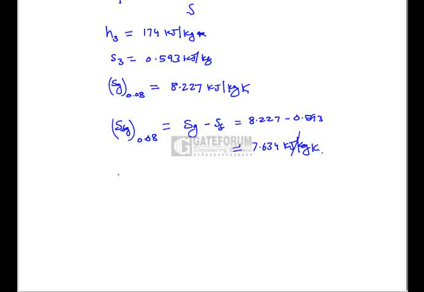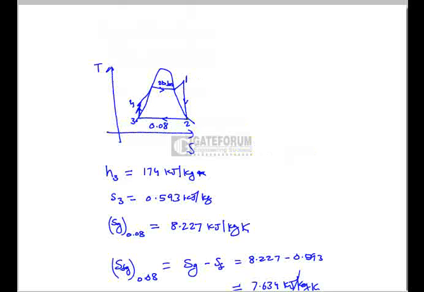And now we can write S2, that is entropy at the exit of the turbine. Here the expansion in the turbine is an isentropic process, so S1 is equal to S2, entropy at the inlet and entropy at the exit of the turbine are equal.